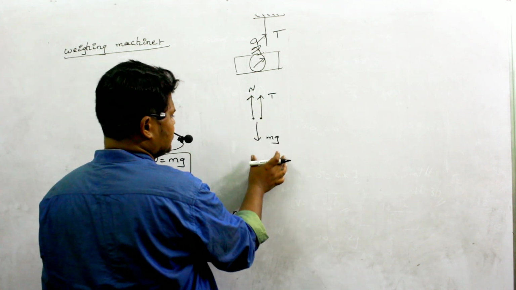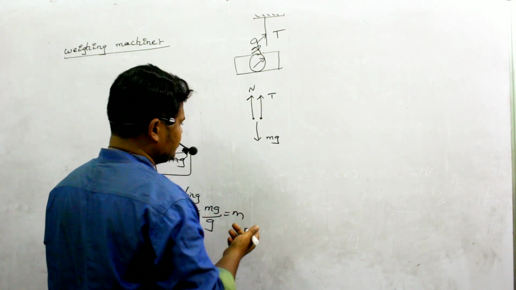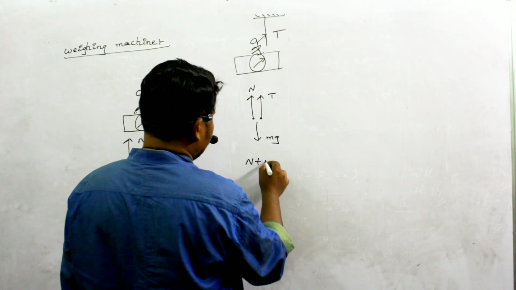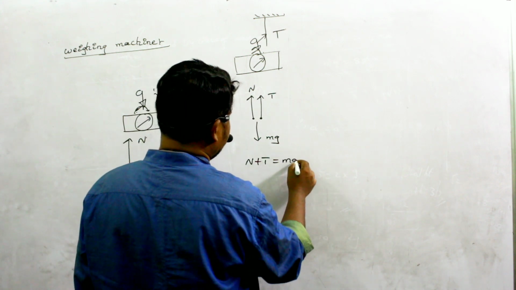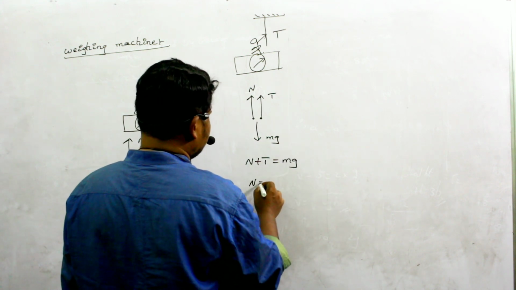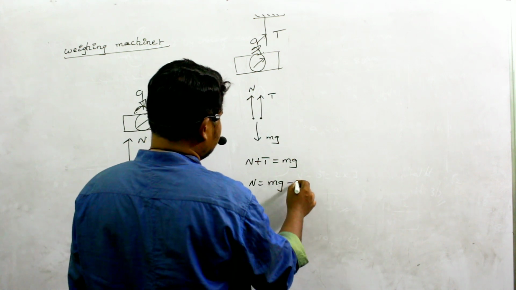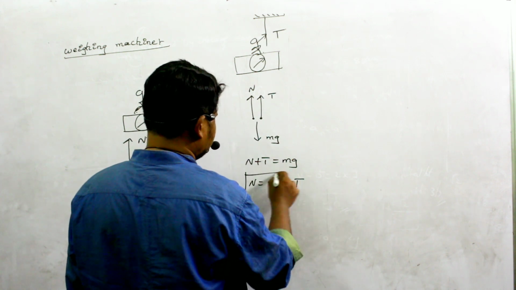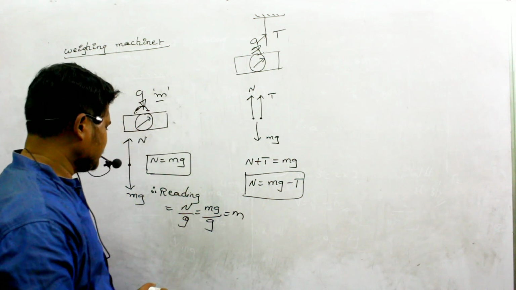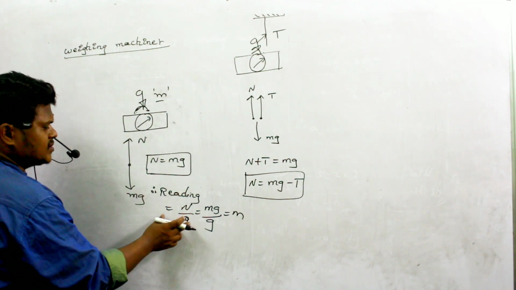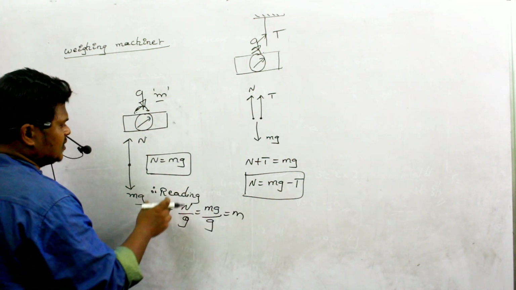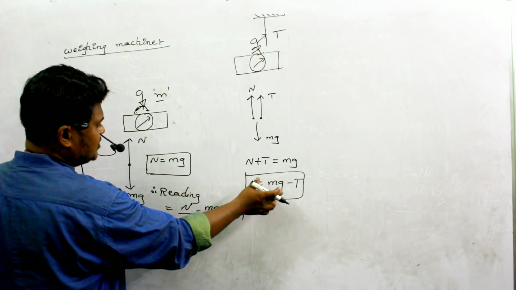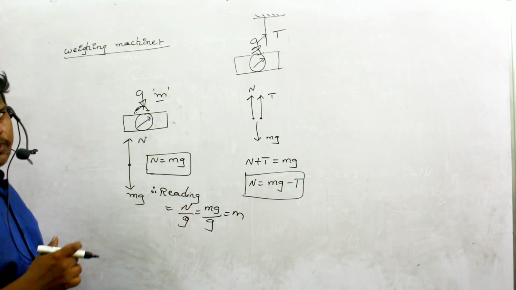Therefore, upward forces and downward forces must be balanced with each other. So therefore, N plus T is equals to mg. So therefore, N is equals to mg minus T in this condition. In the previous condition, I got N is equals to mg, but here N is equals to mg minus T only.